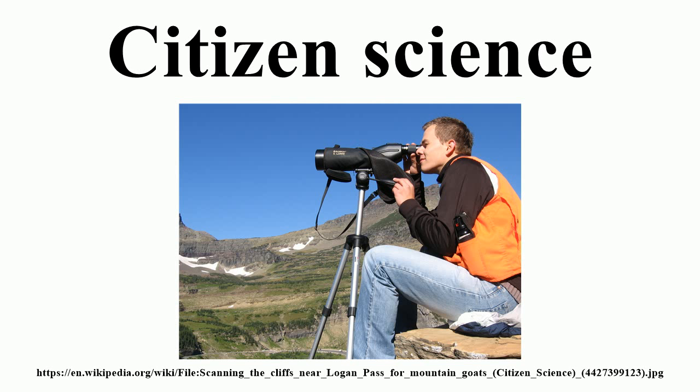Citizen science is defined as scientific work undertaken by members of the general public, often in collaboration with or under the direction of professional scientists and scientific institutions, and citizen scientists, in the modern sense, are defined as a scientist whose work is characterized by a sense of responsibility to serve the best interests of the wider community, or a member of the general public who engages in scientific work, often in collaboration with or under the direction of professional scientists and scientific institutions, an amateur scientist.